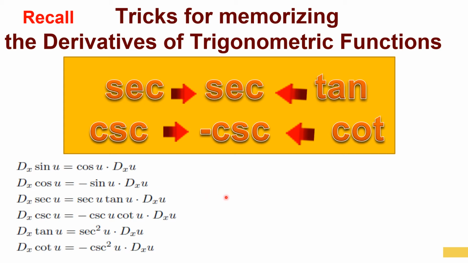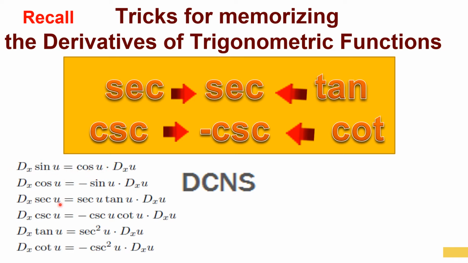We recall the DCNS mnemonic device: derivative of cosine, negative sine u du. And the derivative of sine, therefore, is cosine u du.